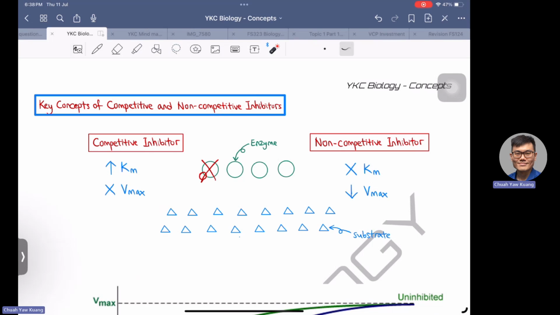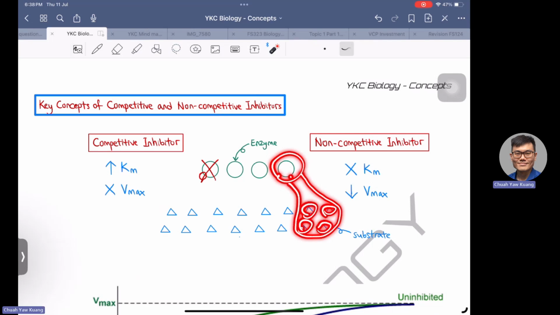But non-competitive inhibitor has no effect on the Km of the enzyme. Why does it have no effect on the Km? It's because they don't compete with the substrate. For those enzymes that are still working, the affinity to the substrate is still the same. It is still 100%.